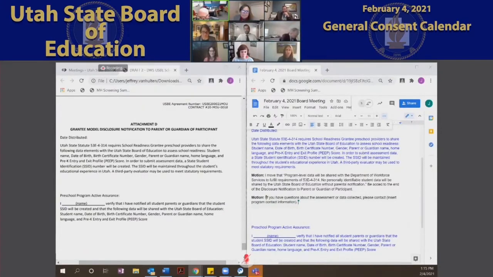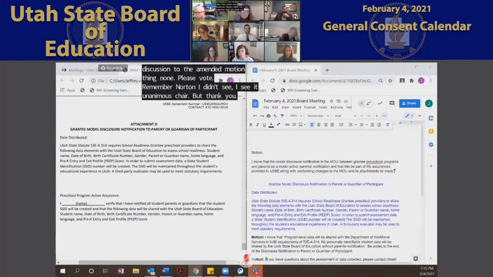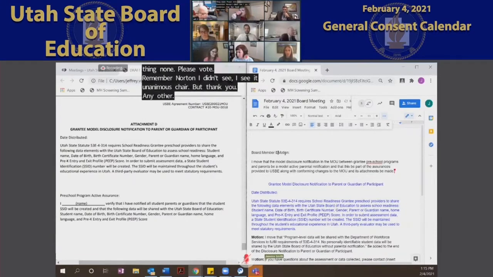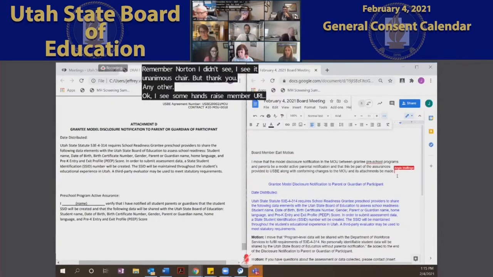Any other discussion? I see some hands raised. Member Earl? Yeah, I think that's because the original document, I was unclear about it, but from what I understand, this is a model disclosure notification. So my motion would be this.